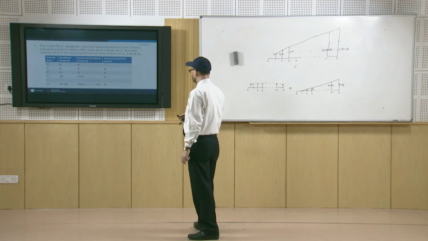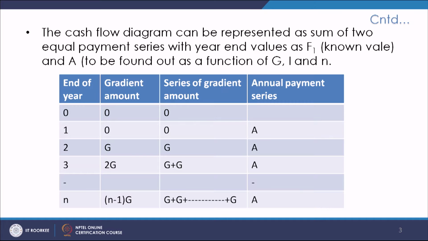So, what do we do for this? Now let us see, we will equate the total amount. The total amount at a future time will be the summation of all this and its equivalent value at this time, and this will be nothing but A times the factor F by A, i, n.